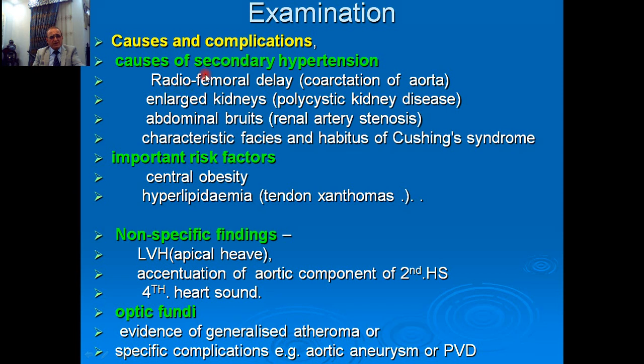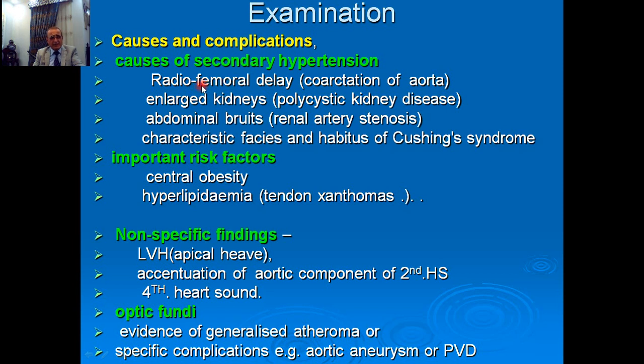Now, what further examination will we do, apart from checking blood pressure? We look for complications and causes of secondary hypertension. The first, we look for radiofemoral delay, which is a sign of coarctation of the aorta. You check for the femoral pulse and radial pulse.